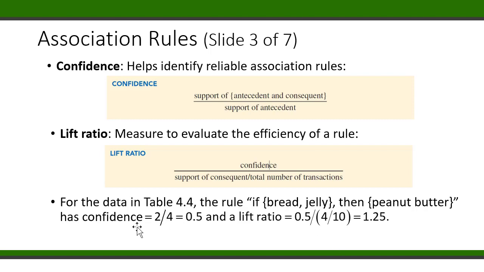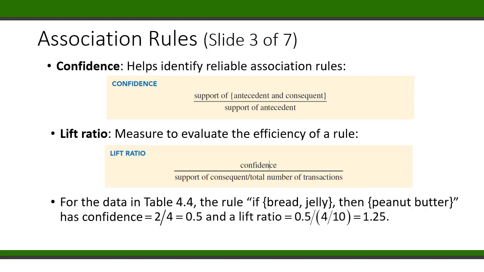So in the example above, our confidence is 0.5, that is, we've got 2 divided by 4 here, right? Support of antecedent and consequent, there's 2 of them. Support of the antecedent 4 is 0.5, and the lift ratio would be 0.5 divided by the result of 4 divided by 10. So we get a 1.25, which says this is a useful rule.